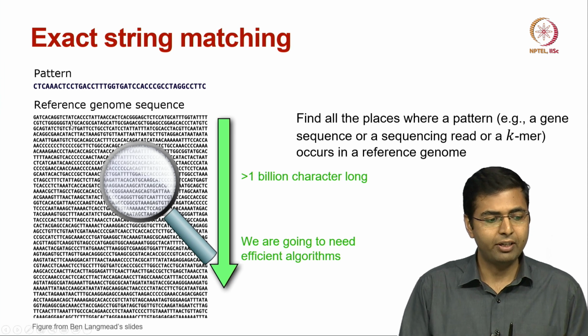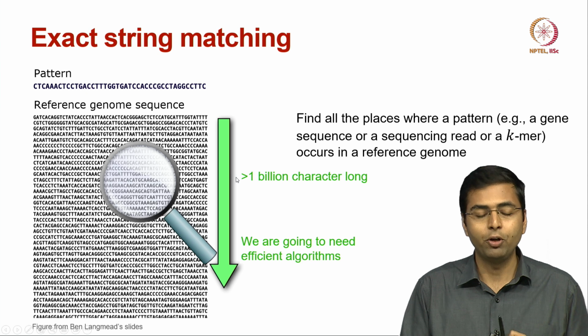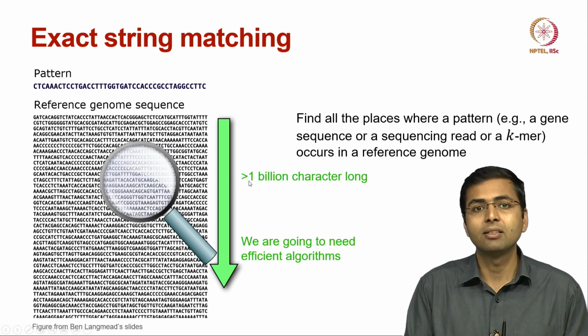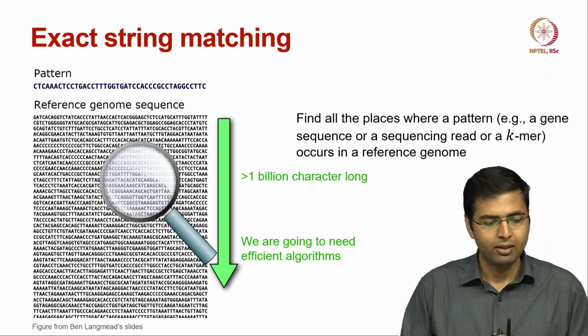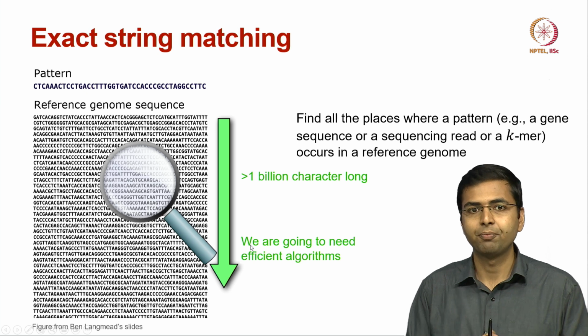So, for example, the reference genome sequence can be very long. As we saw in the introduction module, the human genome sequence is 3 billion characters long. So, when working with data of this scale, we are going to need efficient algorithms.